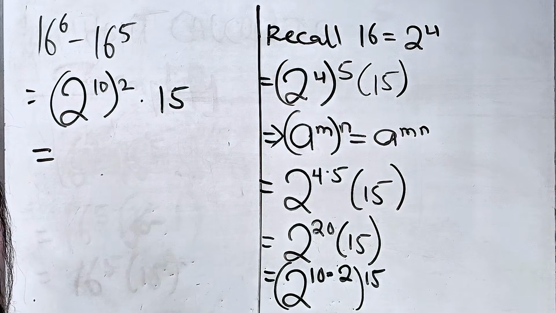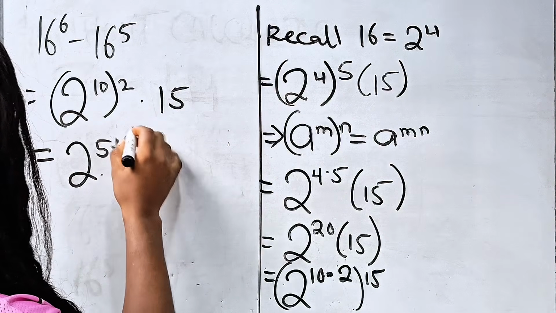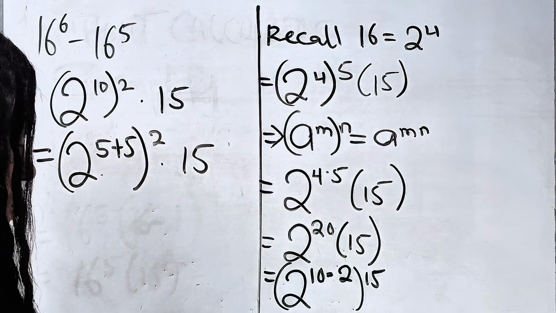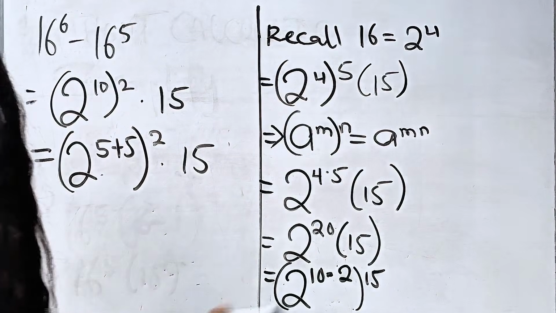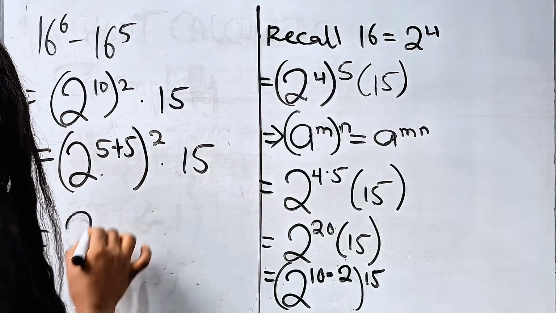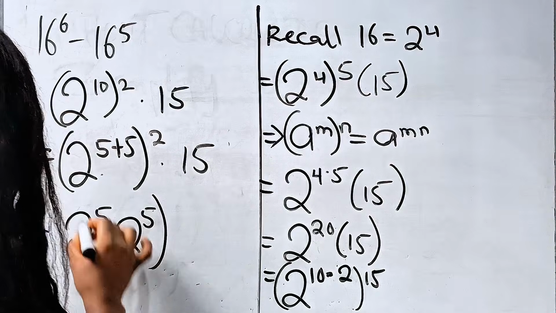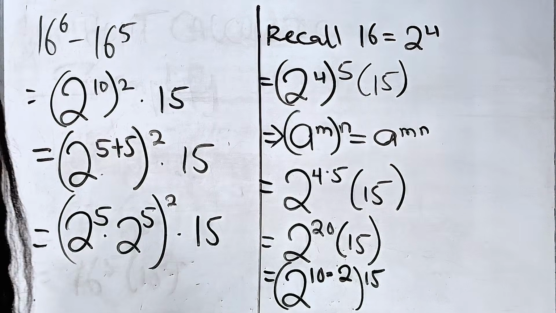Now this is equal to 2 to the power of 5 plus 5 raised to the power of 2 multiplied by 15. So applying the law of exponents, we have 2 to the power of 5 multiplied by 2 to the power of 5 all squared, then multiplied by 15.